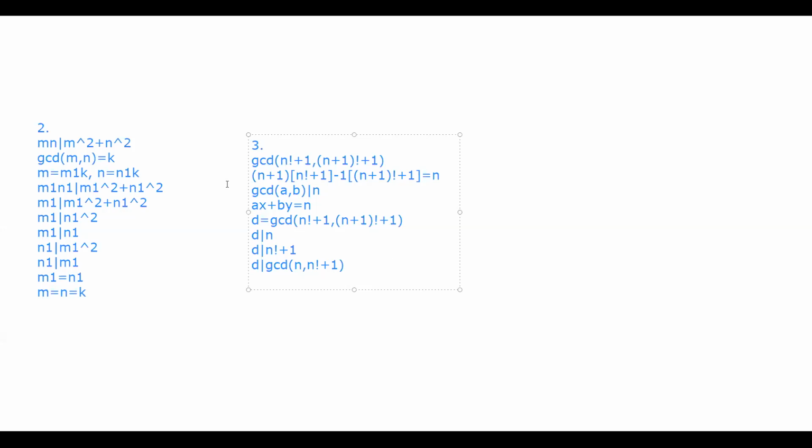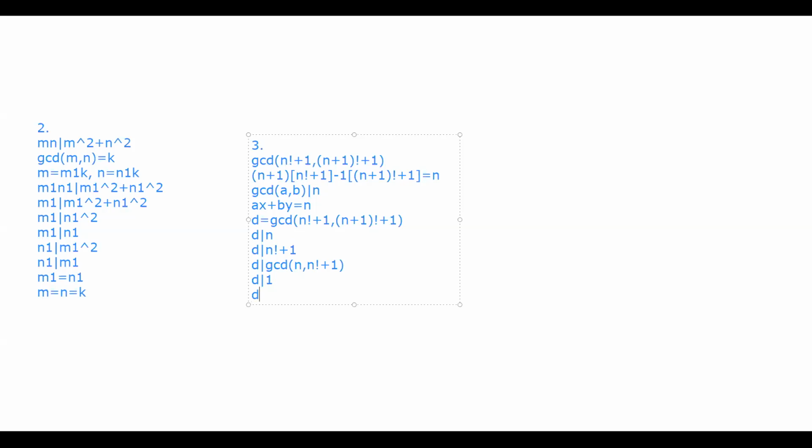Okay, so this is simple. I think Skanda has written it correctly. We know that the GCD of N and N factorial is equal to N, and so N divides N factorial. So obviously the GCD of N and N factorial plus 1 will be 1. This means that D divides 1, and what does it mean when D divides 1?